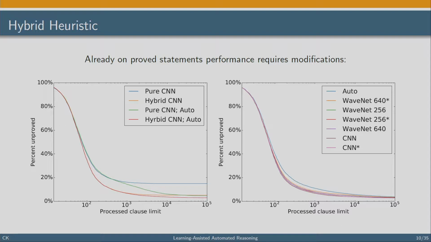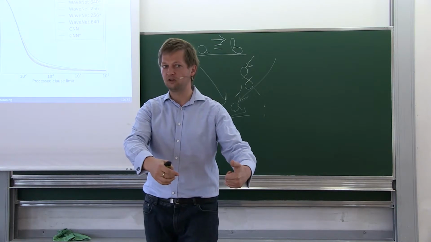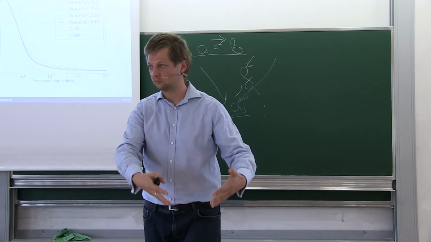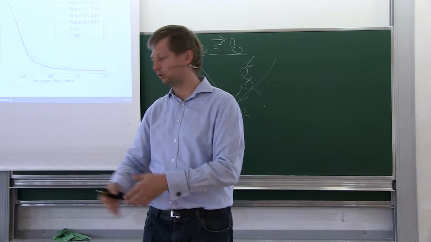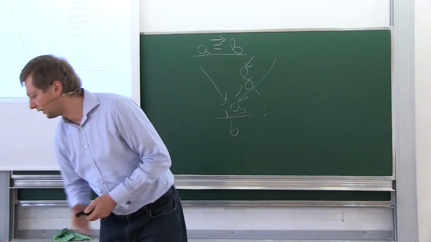So it's just a new queue with the same weight as the weight given to auto. So the same number of clauses are pulled from the machine learning guided clauses, and the same number of clauses are pulled out from the best heuristic.